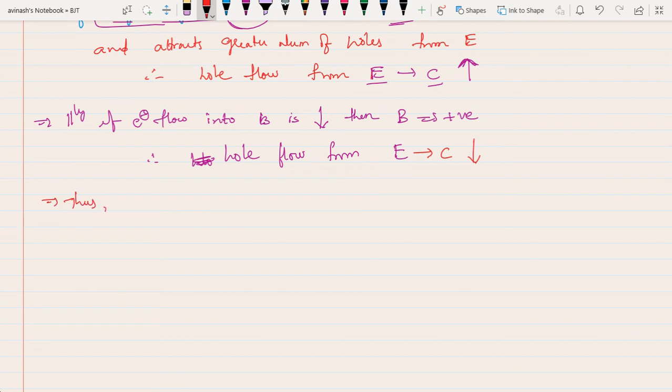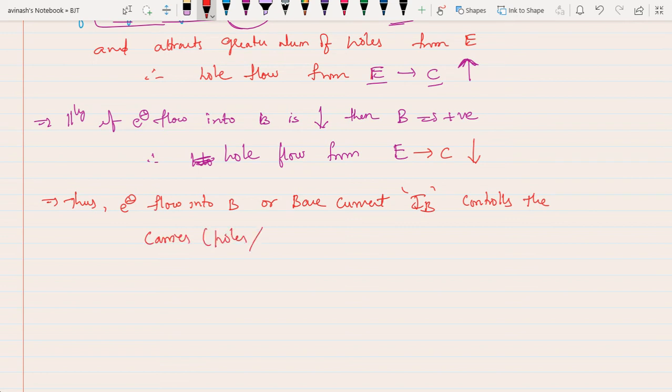Thus the electron flow into the base, or the base current IB, controls the carriers flow, meaning holes or electrons. So these are the charge carriers. IB controls the carrier flow from emitter to collector.